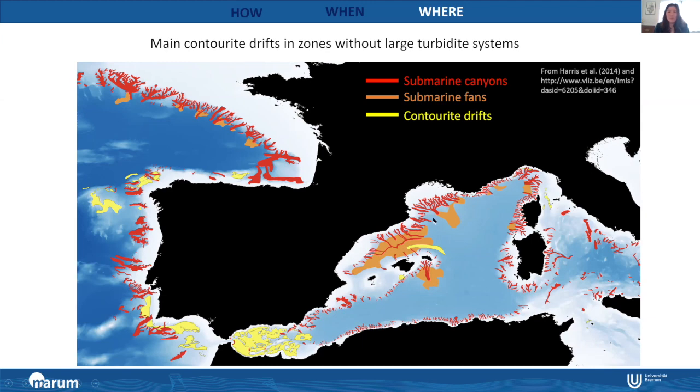So as you can see, most of the contourite drifts are actually found in intraslope basins, and also in zones of the slope where there are not many major canyon systems. And this is because when we have too much slope instability and gravitational processes, the contourites are going to be destroyed in time.